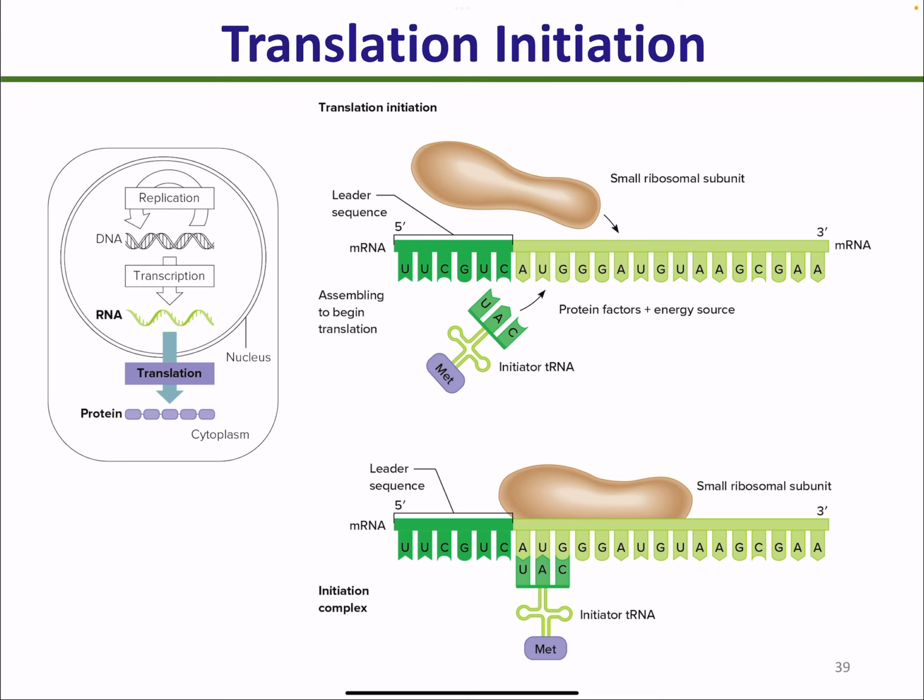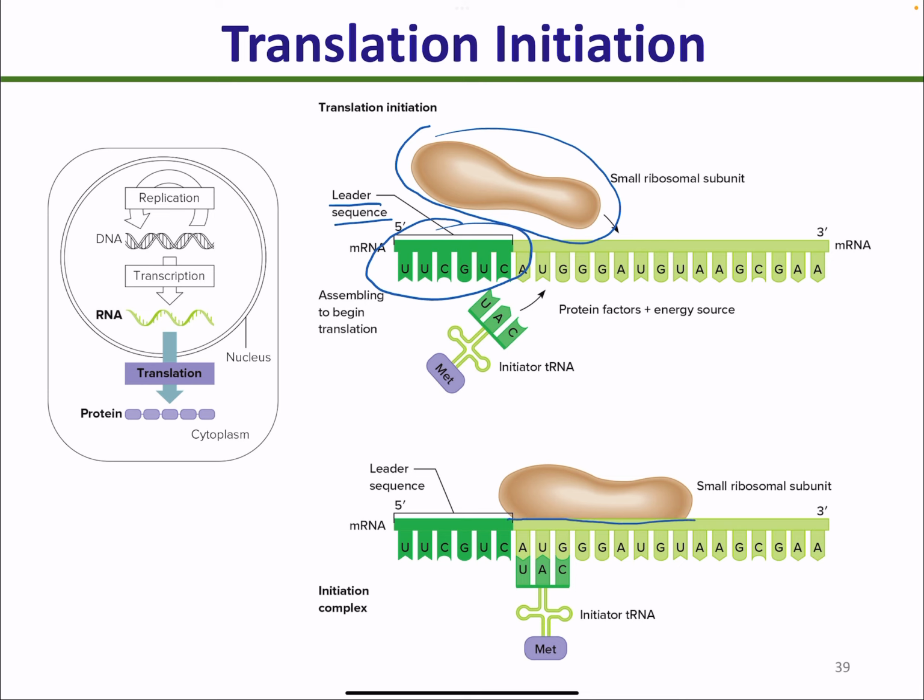Okay. So here, the initiation, you have this segment here that doesn't encode for any amino acid. That's the leader sequence. That leader sequence of the messenger RNA is going to attract the small subunit. Through hydrogen bonds, the small subunit will come and attach here.